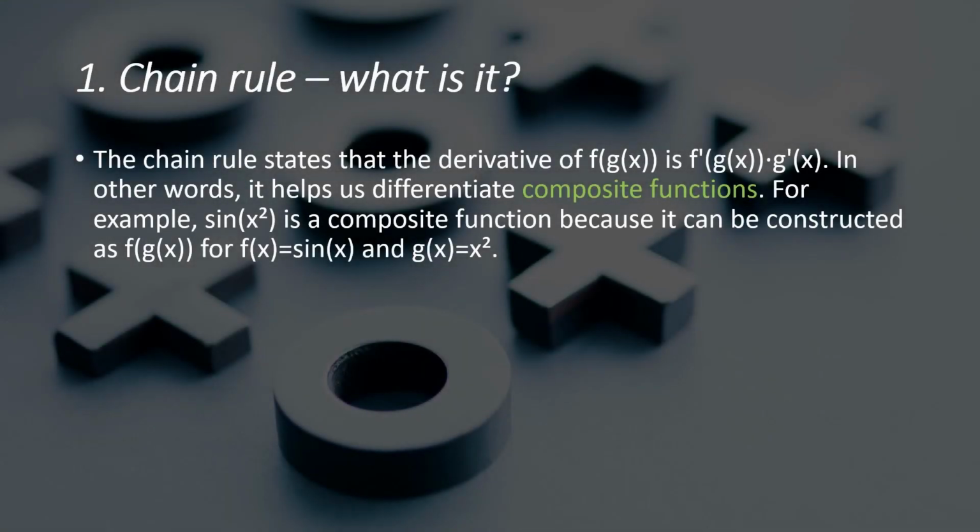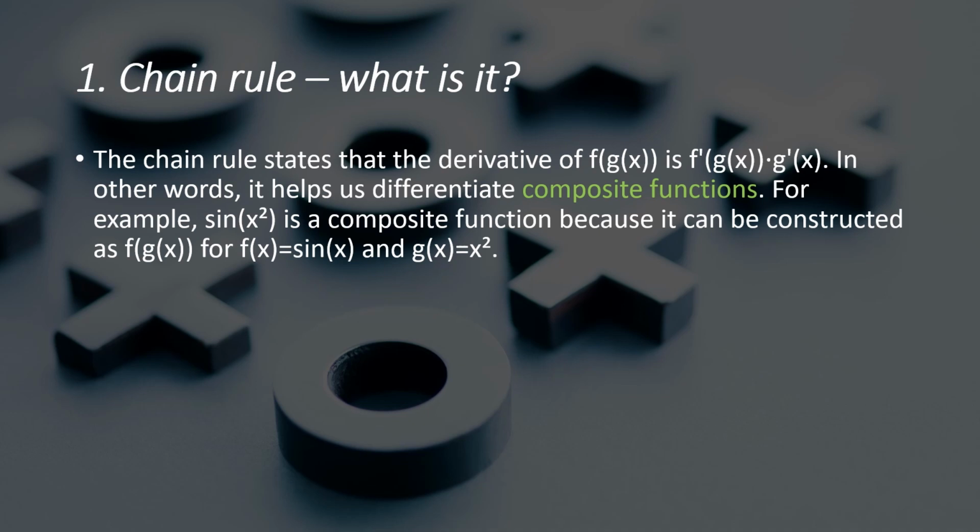The first thing we need to acknowledge is what actually the chain rule is. The chain rule states that the derivative of f of g of x is f prime of g of x times g prime of x.